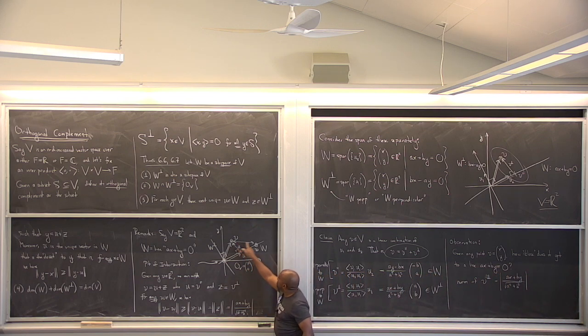Right? So again, the distance here is never less than this distance here. So this is the closest that we get.